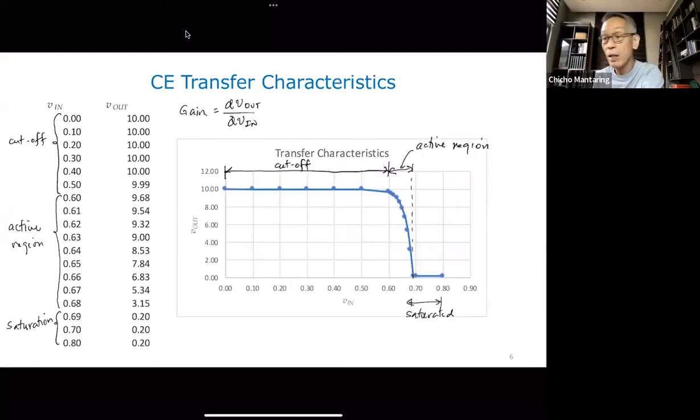Okay. Now note that gain is not equal to 0 in the active region, but also take note that the gain is not constant.